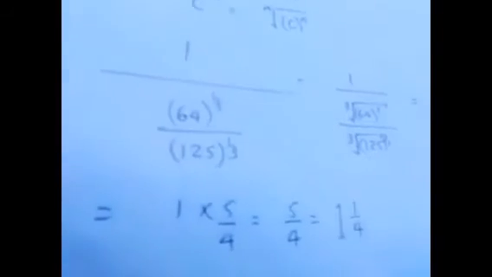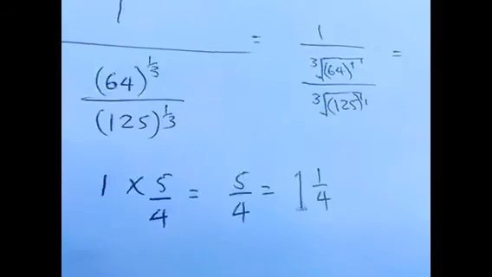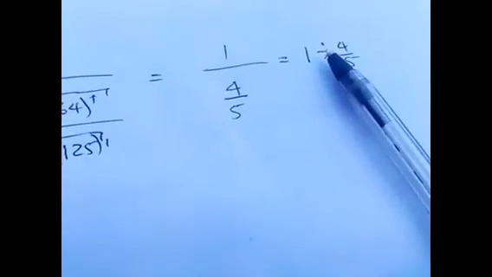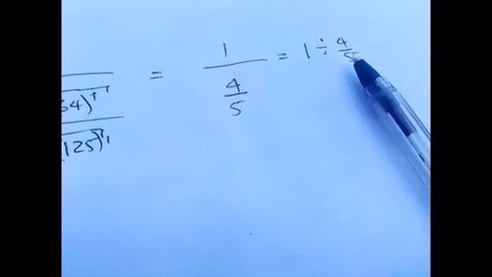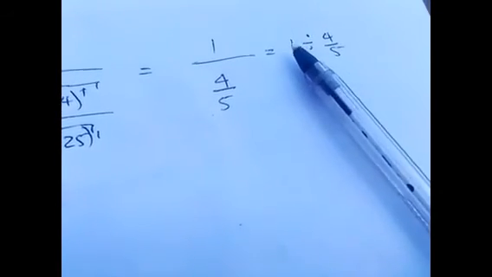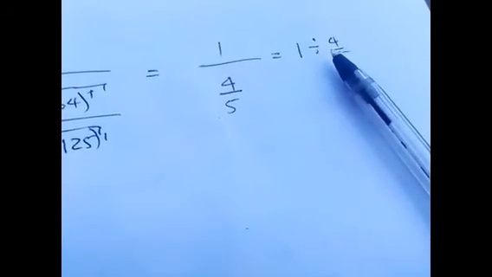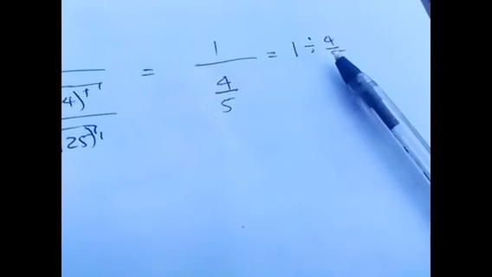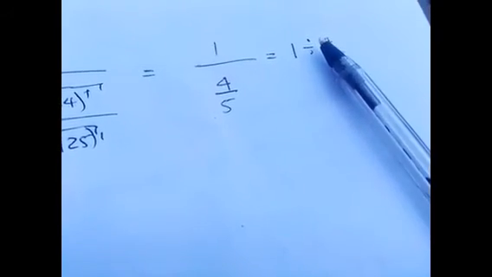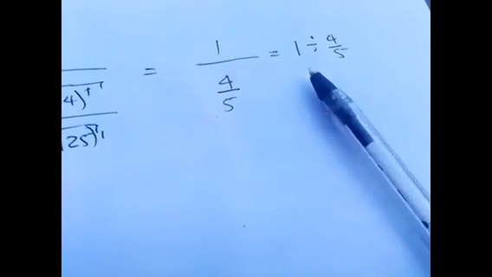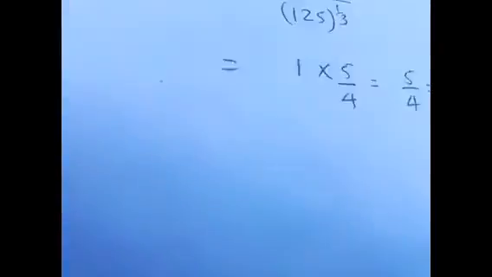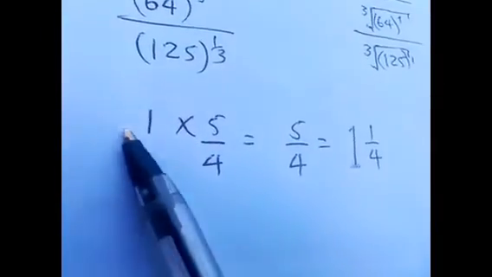The numerator becomes the denominator, and the denominator becomes what? The numerator. So that is it here. If you are dividing 1 by a fraction, you just introduce a cross here, and then this fraction alternates. So the 5 will go up, the 4 will come down, to the bottom. Yeah, and then multiply.